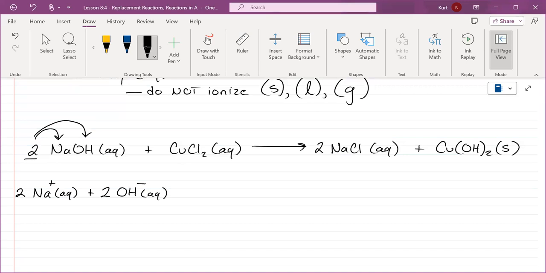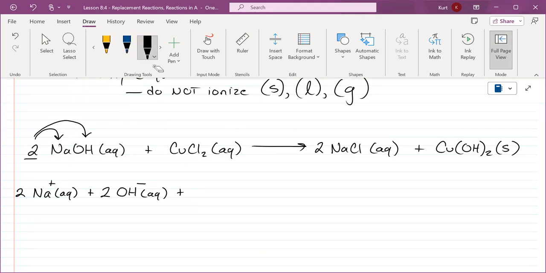Okay? Now, I want to pause there and let that sink in for a moment. You just successfully ionized sodium hydroxide into sodium ions and hydroxide ions. We were only allowed to do that because it was in the aqueous state. I now want to give you guys an opportunity to try to ionize copper 2 chloride on your own.